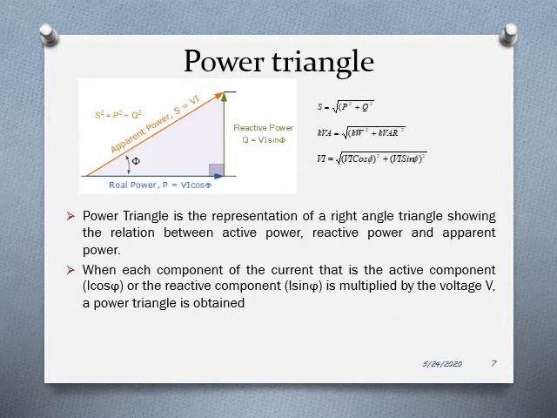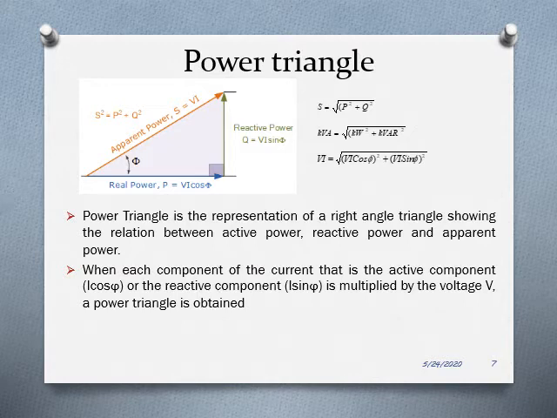Now, the real power, which is P is equal to VI cos phi, will be the cosine component if an angle phi is made in this right angle triangle. Real power is the power that is being expended across the resistance only.